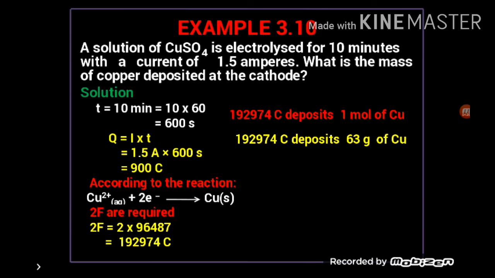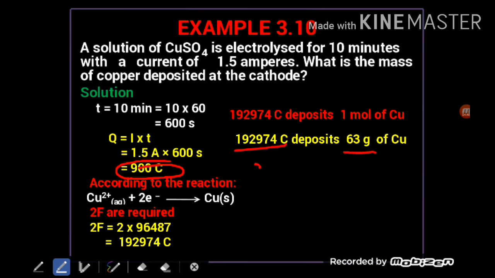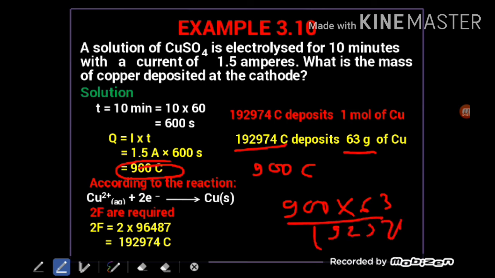Then how much charge are we supplying? We are supplying 900 coulombs. If such an amount of charge deposits 63 grams, then how much will be deposited by 900 coulombs? Definitely it will be 900 into 63 divided by 1,92,974.